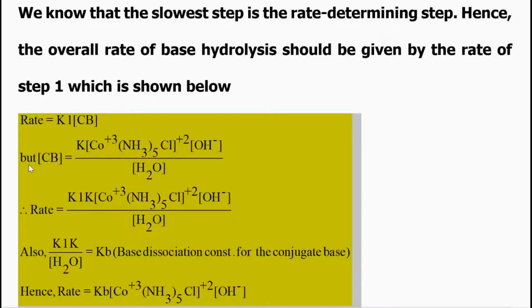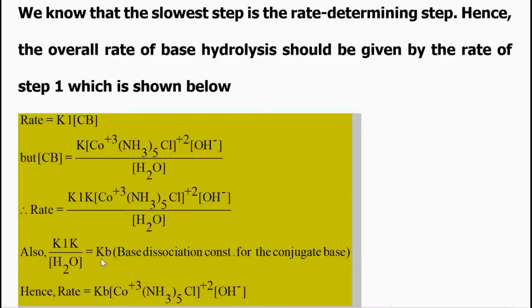Now in the earlier derivation we have already seen that concentration Cb is equal to K multiplied by this upon this. So in this first reaction, rate is equal to K1 into Cb. We can say that rate is equal to K1 multiplied by this quantity. So it looks like this. But we know that K1 multiplied by K divided by H2O is equal to Kb.